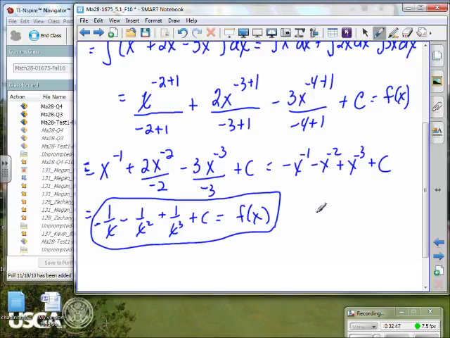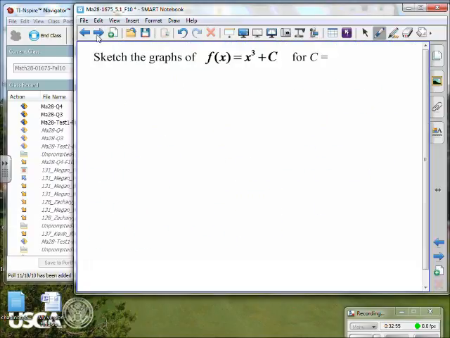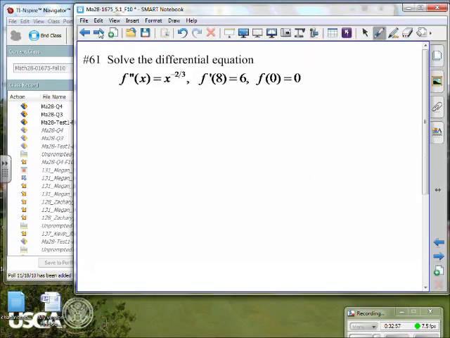Okay, so we've got section 5.1, and basically that's what we have in section 5.1. You need to practice that. There's one thing I want to bring out to you, and that are, I don't know if it's 61 or not, but problems like this. Solve the differential equation. This is the second derivative.